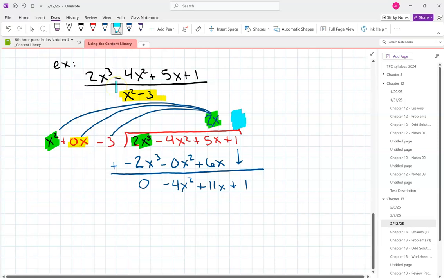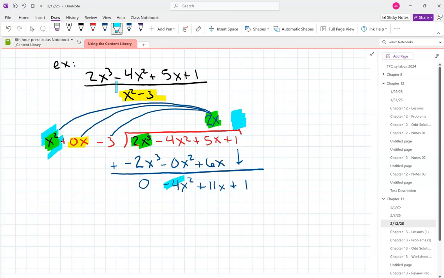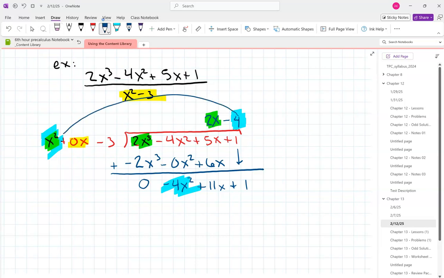And I'll go back to the top and ask myself, okay, what times x squared gives me negative 4x squared? Negative 4. And then just like we did before, I'm going to multiply that negative 4 by everything in the divisor and write it underneath.